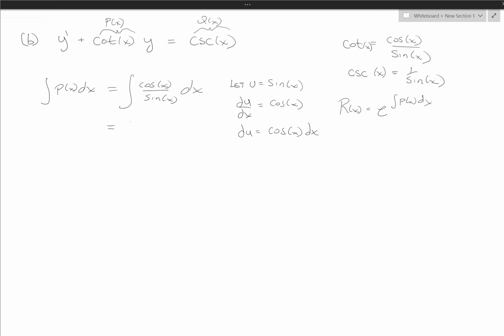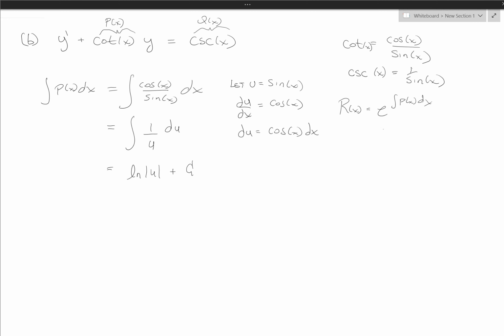So we can do a direct substitution into our integral here. So that is just cos x dx is du. It's this du. And sine x, or well, 1 over sine x is 1 over u. Okay, so what we have here is the result is ln magnitude of u, right, plus some constant. Now, we can ignore this constant.